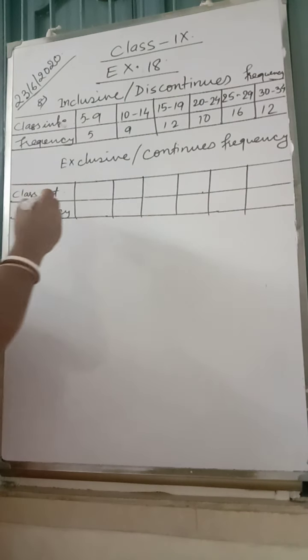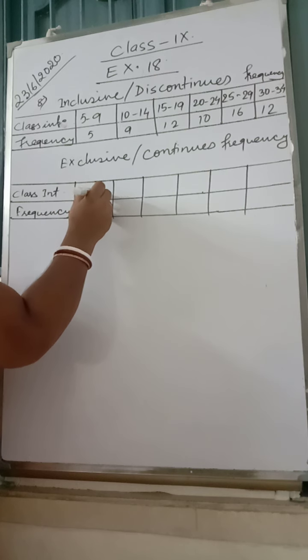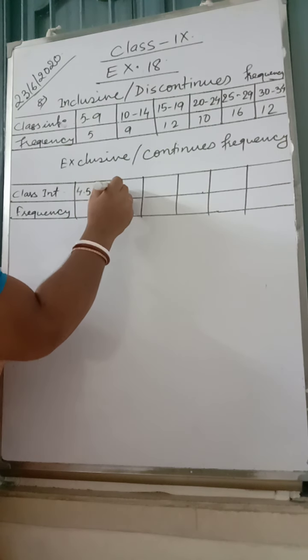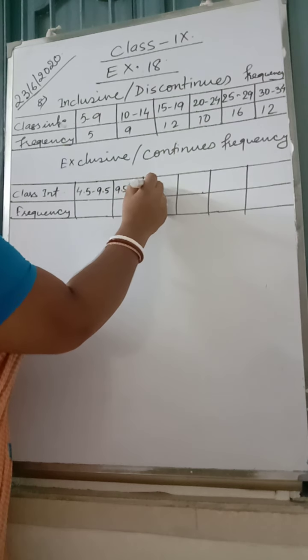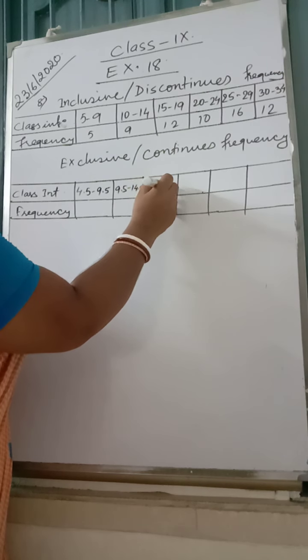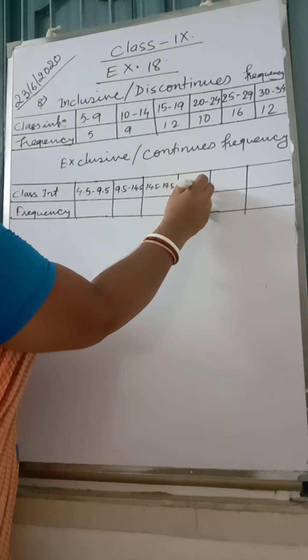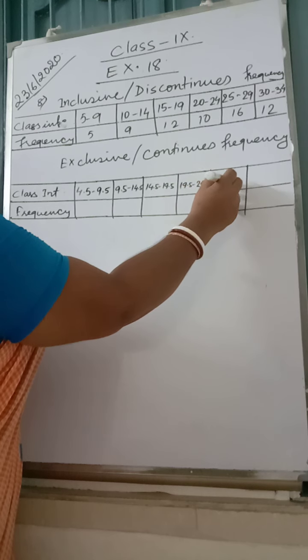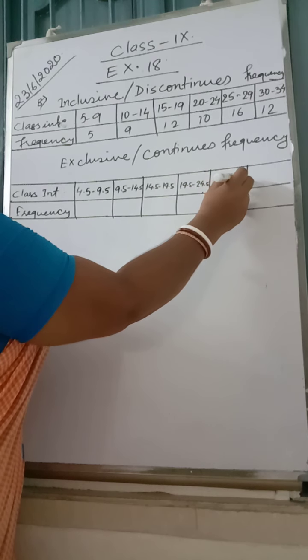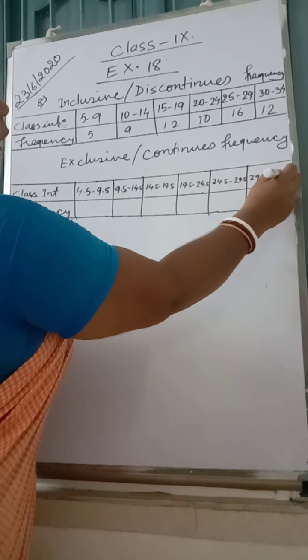So if we subtract 0.5, this gives you 4.5 to 9.5, then 9.5 to 14.5, 14.5 to 19.5, 19.5 to 24.5, 24.5 to 29.5 and 29.5 to 34.5.